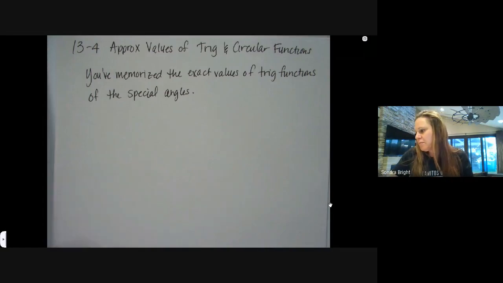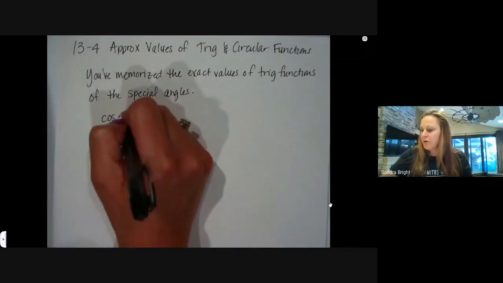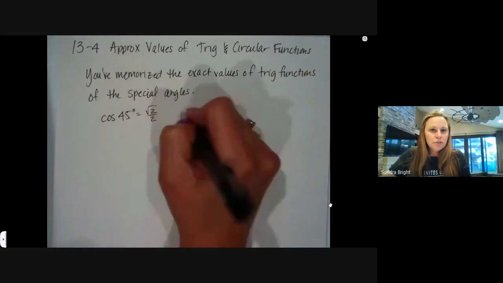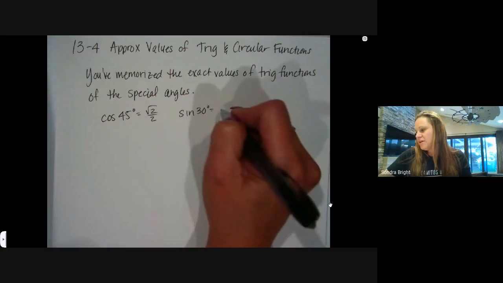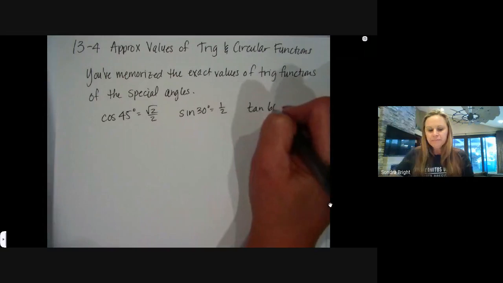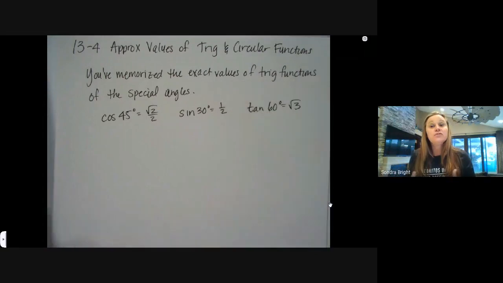So remember, cosine of 45 degrees was rad 2 over 2, and sine of 30 degrees, you knew that was the short triangle, and sine is the height, so that's just 1/2. And then you knew tangent of 60 degrees, which was rad 3.